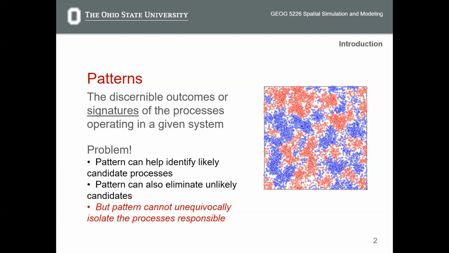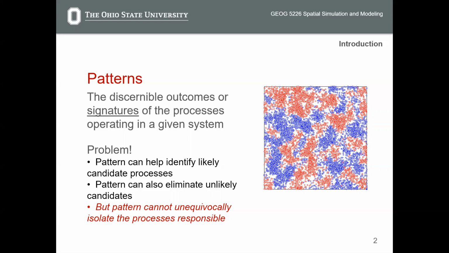Since we can make a list of candidates, it means that some processes that are not likely to produce this pattern have been eliminated from this list, right? So pattern can help identify and eliminate candidates, but pattern cannot necessarily isolate the processes responsible.